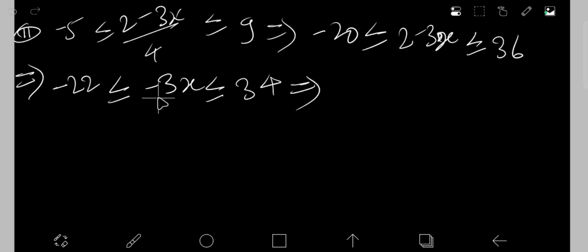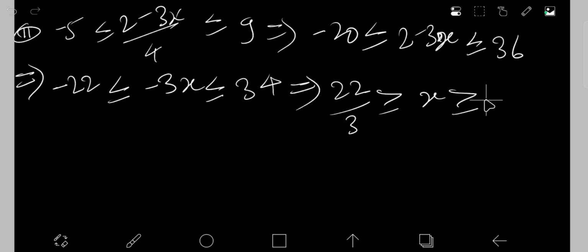And next, when we divide by a negative number, minus 3, here we multiply all terms by minus 1 by 3, so these inequalities are changed. Means 22 by 3, the inequality changes here, and here x is left, and here also the inequality changes.